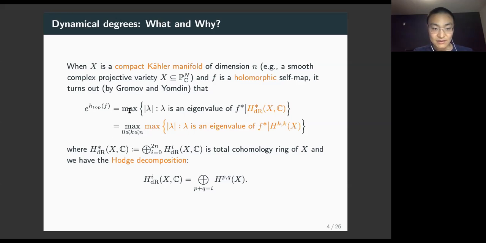So the maximum of the absolute values of lambda equals the maximum over k. Okay, so this maximum is our dynamical degree. This is the dynamical degree of this f. It means that the topological entropy is equal to the logarithm of the maximum of the dynamical degrees.